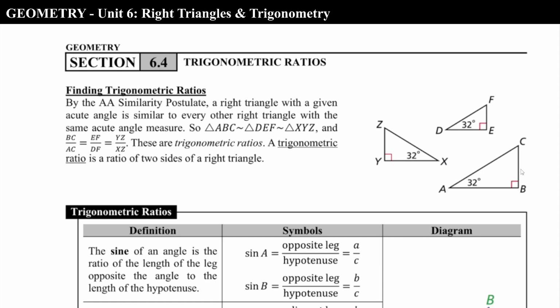And then if we take our opposite and put it over our adjacent, that's going to give us a trig ratio. And that trig ratio is the same for this large triangle, the medium-sized triangle, and the small triangle because they all have a 32-degree angle in them. So let's take a look at what those trig ratios are called.